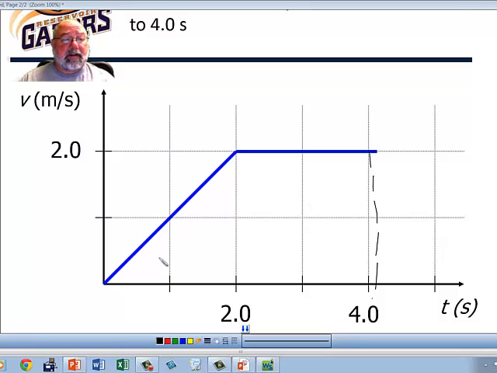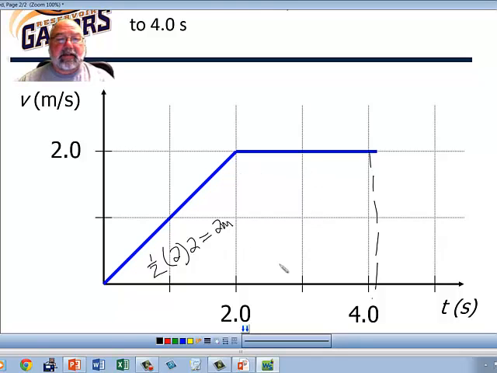So what we have here is a triangle that has an area of 1/2 times the base of 2 seconds times the height of 2 meters per second, and that gives us an area of 1/2 times 2 is 1 times 2 is 2 meters.